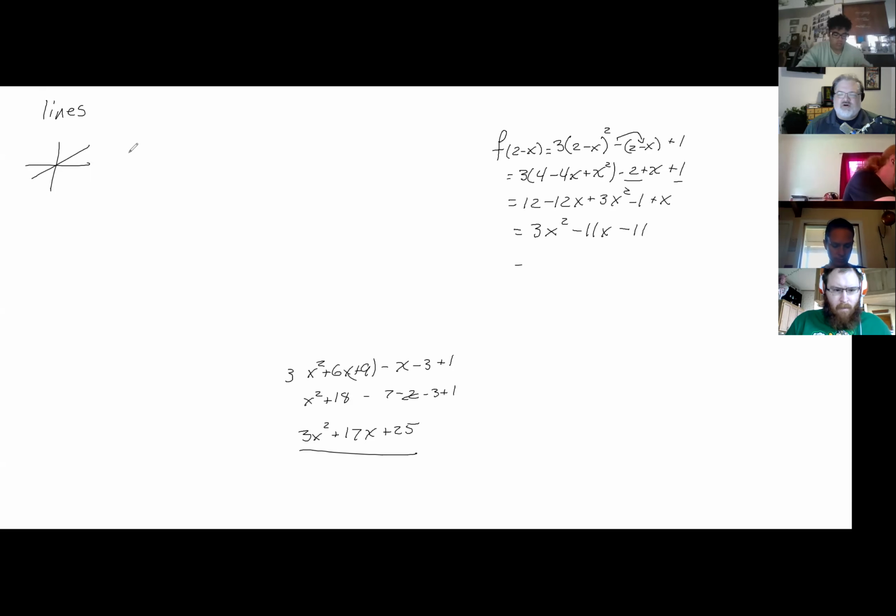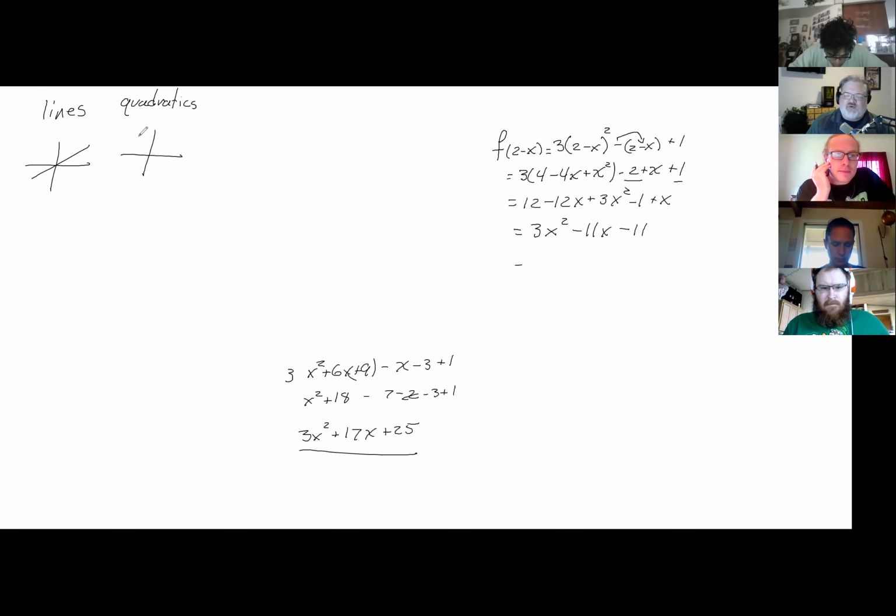So we've all had some experience with lines. We will look at quadratics. And as you've got some experience with quadratics, they graph as nice little parabolas. We'll then deal with larger degree polynomials. Larger degree polynomials essentially look like quadratics. They just keep wiggling and keep bending depending on what's going on with them.